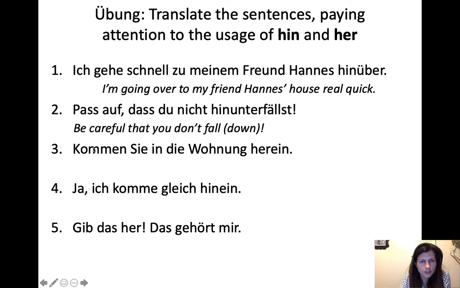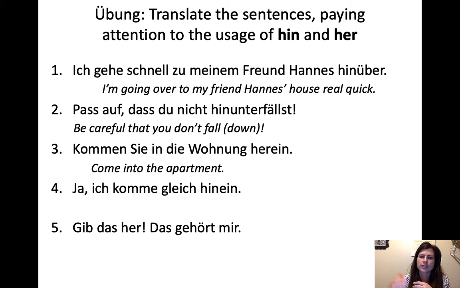Kommen Sie in die Wohnung herein. Come into the apartment. So imagine if the herein wasn't even there. Kommen Sie in die Wohnung. That already looks like come into the apartment. Like you would already translate that as come into the apartment. But then herein is used in German to indicate like the speaker is in the apartment and they're talking to someone outside the apartment. And so it's like, come towards me.